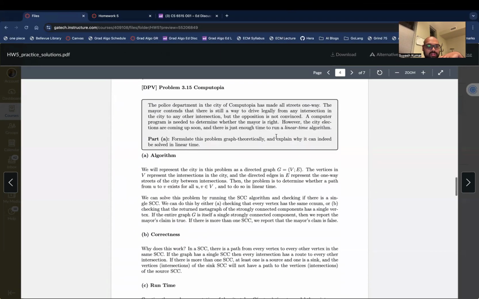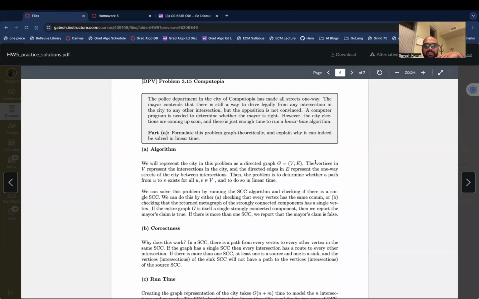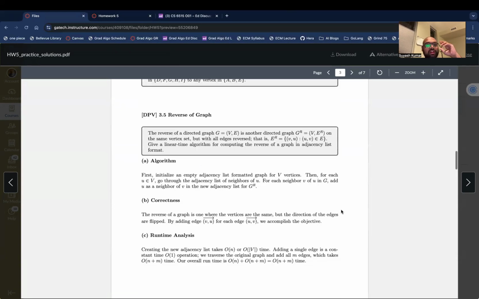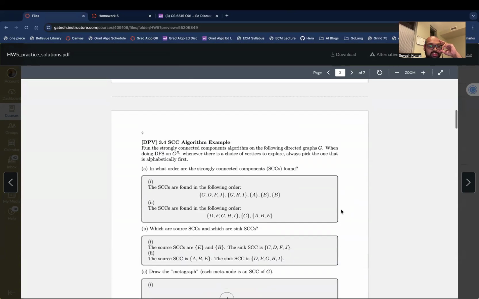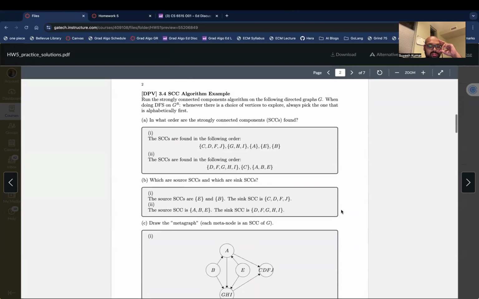Is that the problem? So we'll represent graph G. Whether we can solve this problem by running SCC. If the entire G is okay, so I'll have to see how they define strongly connected as well.